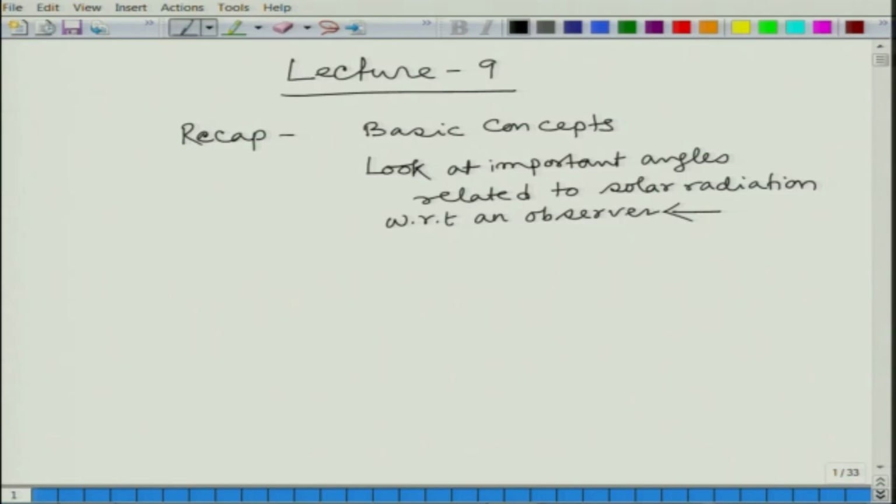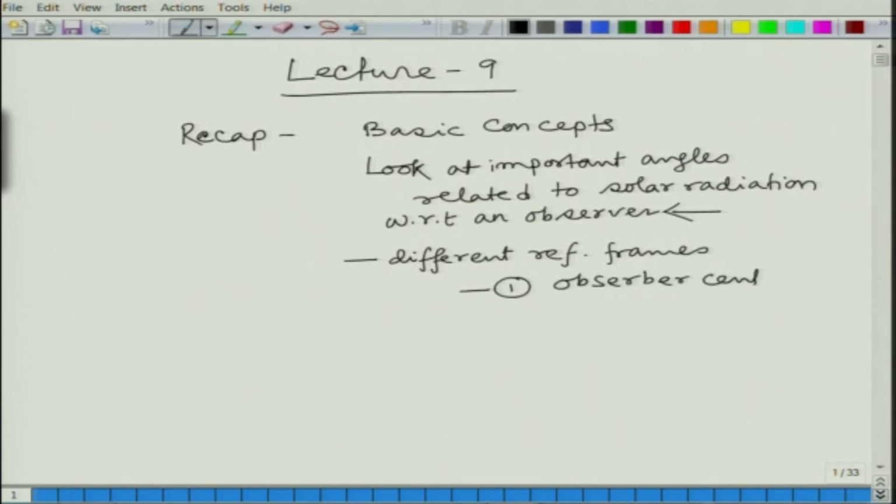Okay. So, we have covered different reference frames, majorly the observer centric reference frame and the earth centric reference frame, which means the reference frame origin is at the center of the earth.